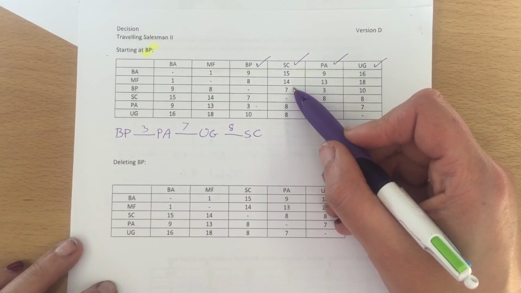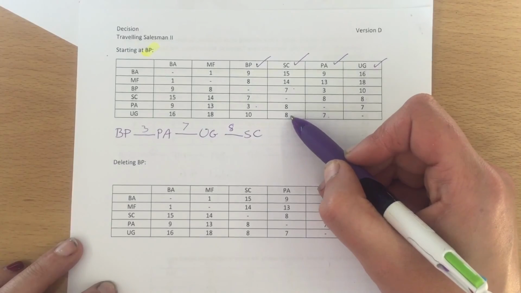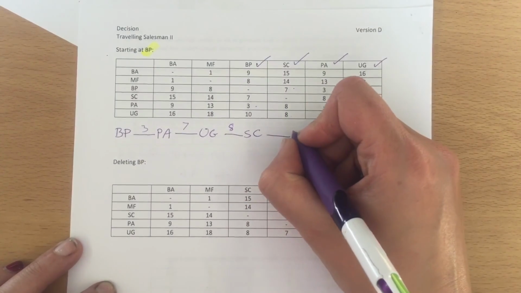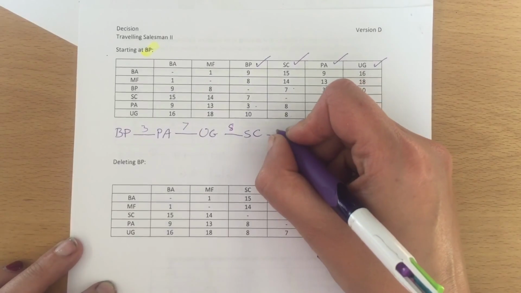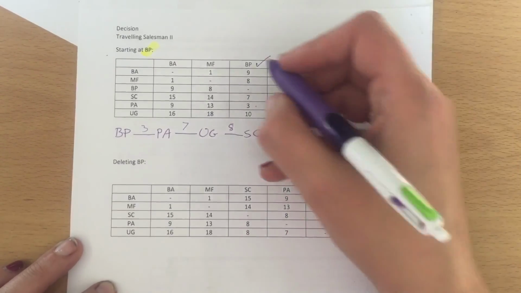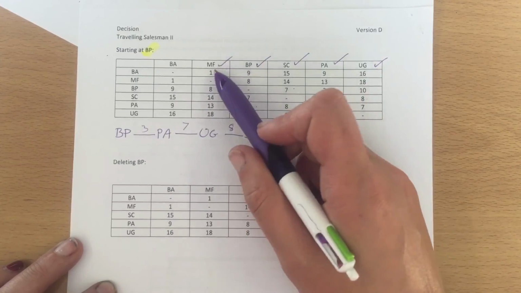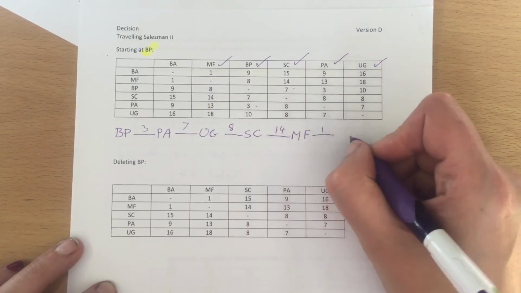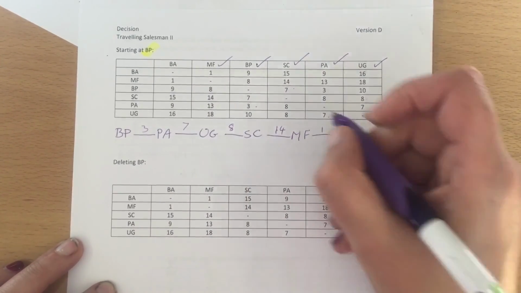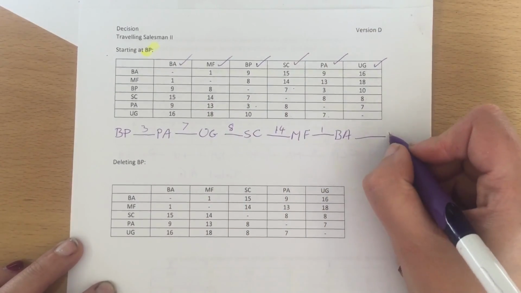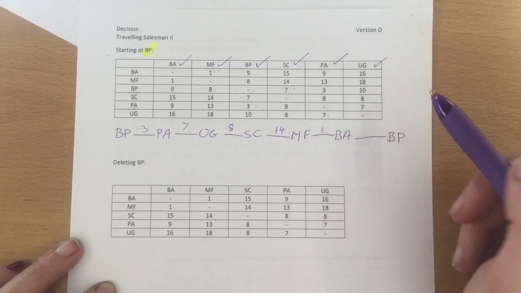Smallest thing is BP, we've been there, also been to PA and UG, so we're going to go to MF because that's 14, which is slightly smaller. MF goes to BA is 1. So we've now been everywhere, so have to go home, and home is BP this time.